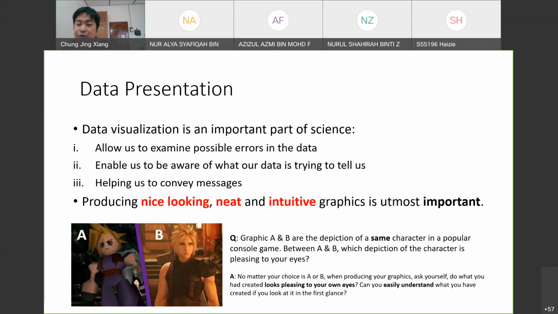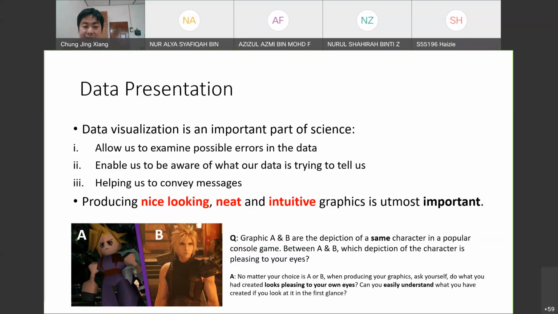But if I show you one picture, you will know. So it helps us to convey messages. And producing nice looking, neat, and intuitive graphics is of utmost importance. Your graphic needs to look nice, look neat, and be intuitive, meaning when you just look at the figure, you know what the figure is trying to tell you.